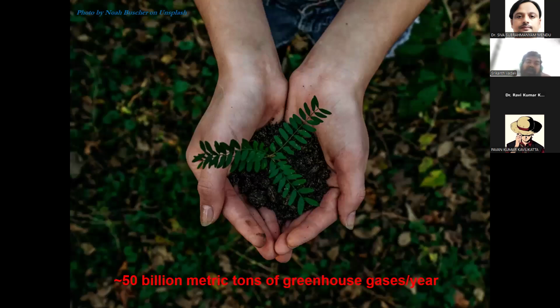So, while protecting the environment, we should also know how much greenhouse gas is produced if we expend 900 million terajoules of energy per year in 2050.